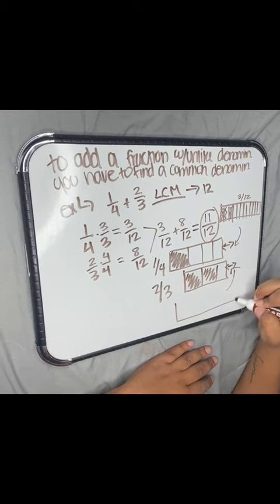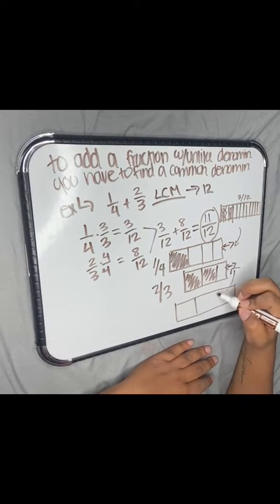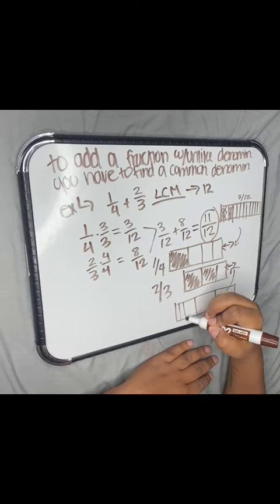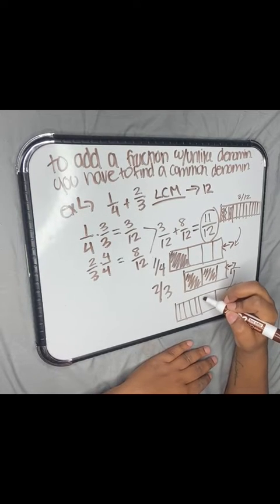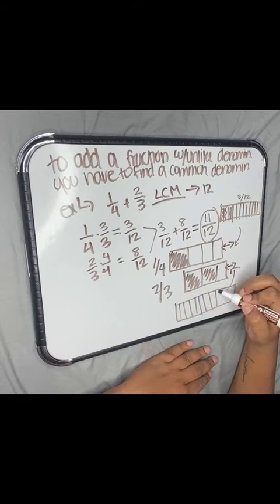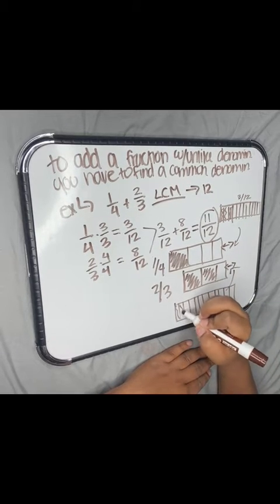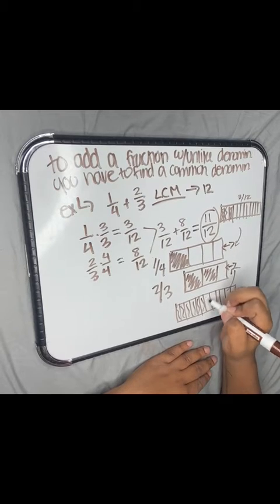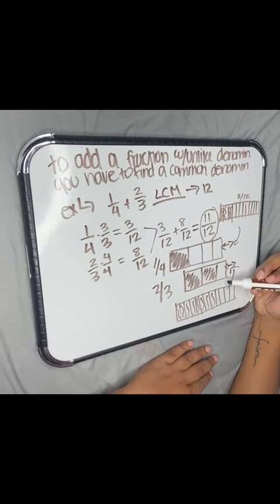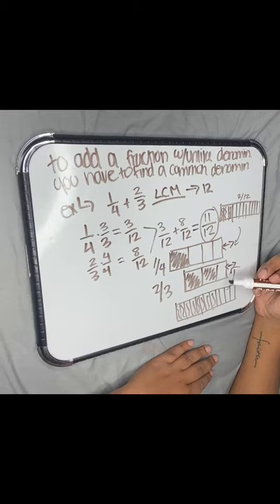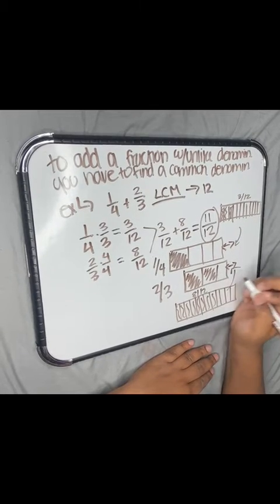So we did the same thing. 1, 2, 3, 4, 5, 6, 7, 8, 9, 10, 11, 12. So we have 8 of those shaded in, which is equivalent to 2/3 because they have the same amount of space shaded in.